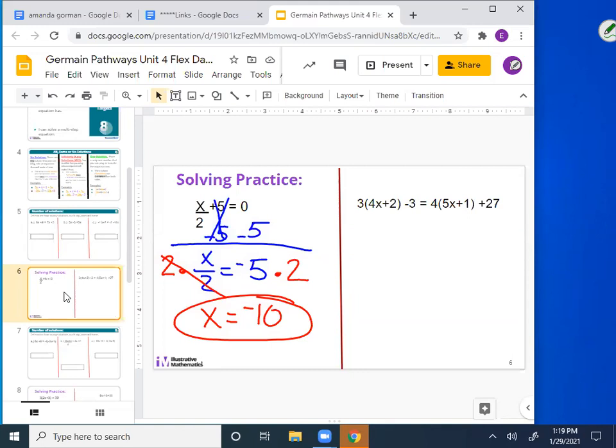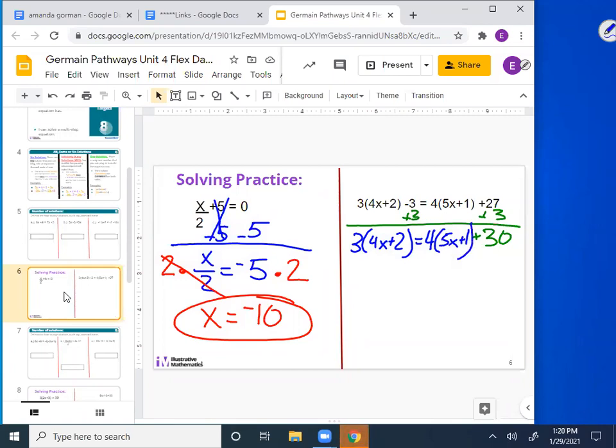Okay, so we could get rid of that, I guess. We could do that, yes. We could add 3 to each side. We'd be left with 30, right? Plus 30. And then we'd still have these parentheses here. 3 times 4x plus 2 is equal to 4 parentheses 5x plus 1.